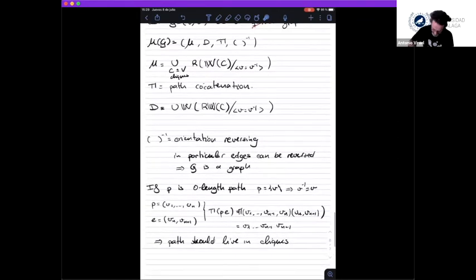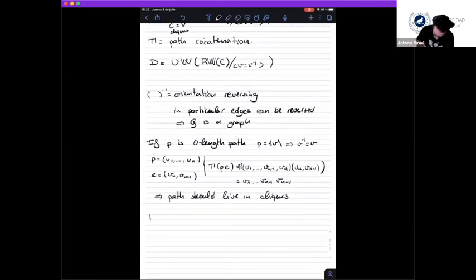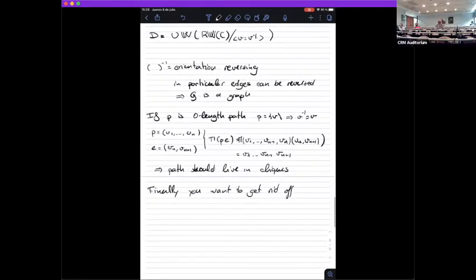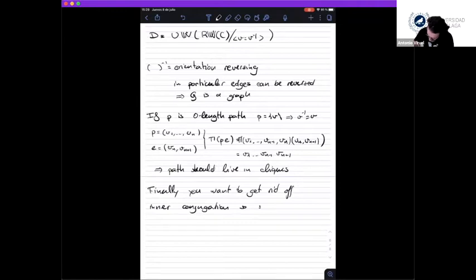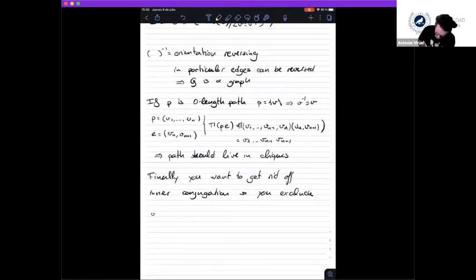So finally, you want to get rid of inner conjugation. So you exclude things like vertex, path, vertex minus 1.